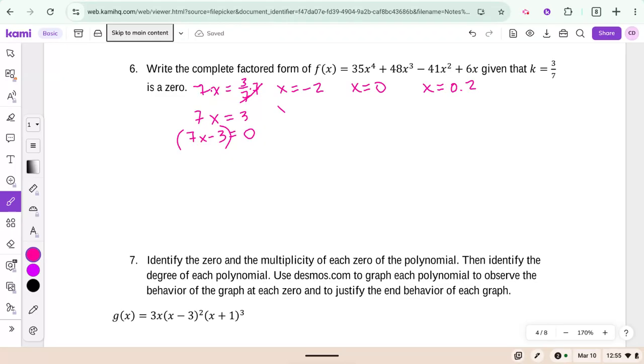This one I can just add 2 to each side. That's lovely. There's another factor. x equals 0 is already good. Now 0.2 as a fraction is 1/5. So I can multiply both sides by 5 and get 5x equals 1, subtract 1 from each side, and I have a lovely factor of 5x minus 1.